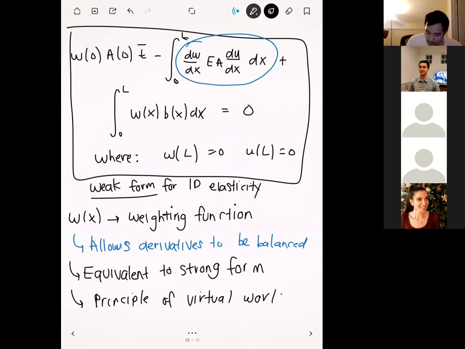If you're familiar with that principle, you arrive at the same point, except the interpretation of the different terms is different. In virtual work, your W function is either a small perturbation in displacements or an actual virtual displacement.